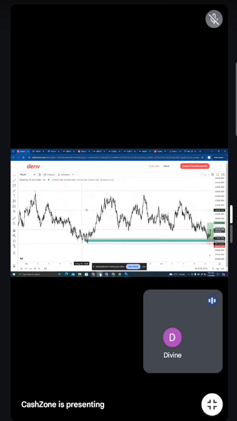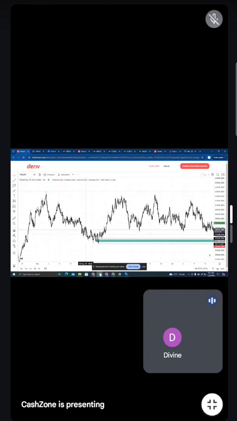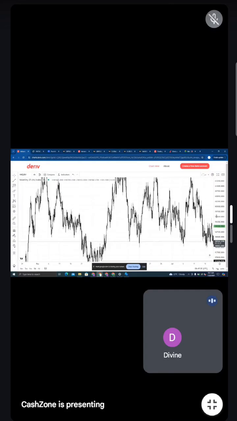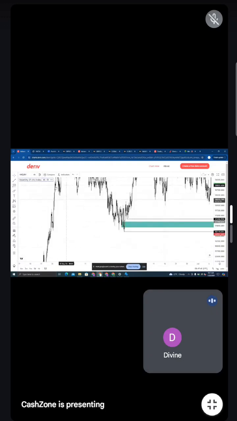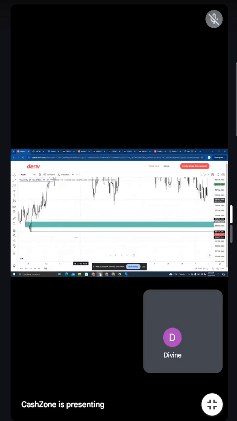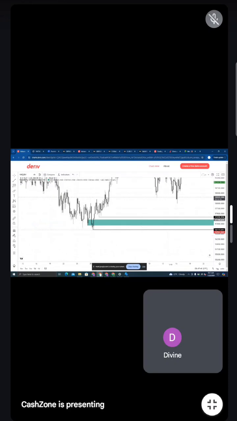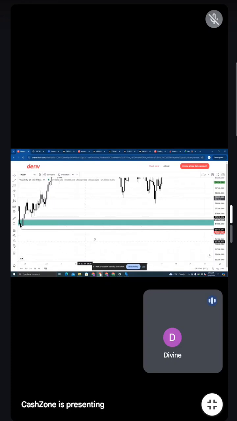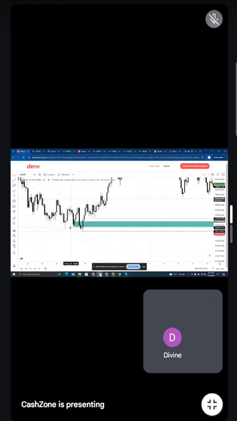So I saw this sell to this point here. Then I saw this. This is the 4 hours. I saw that the market did this thing here. Watch this candle. It went up, came down.